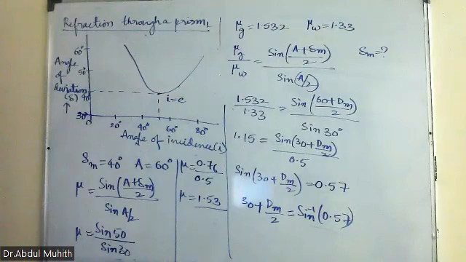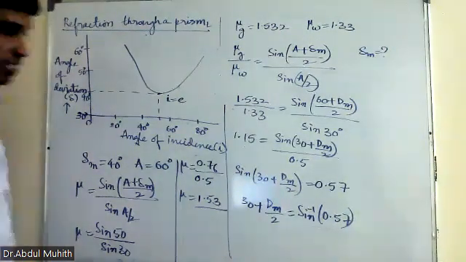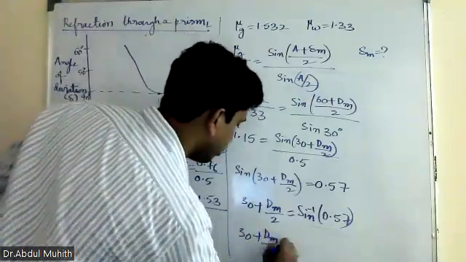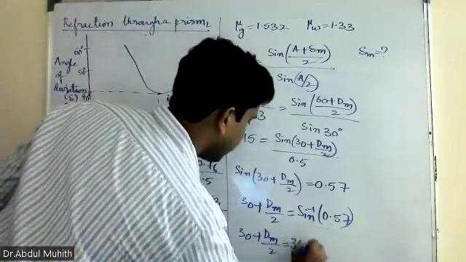Can you find out the value of sine inverse 0.57? It is 34.75. So 30 plus dm by 2 is equal to 34.75.